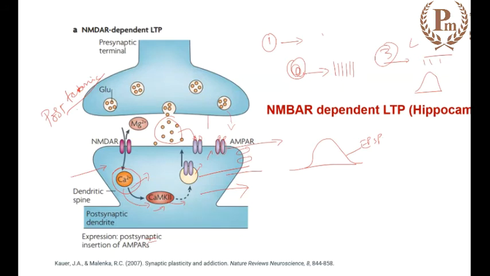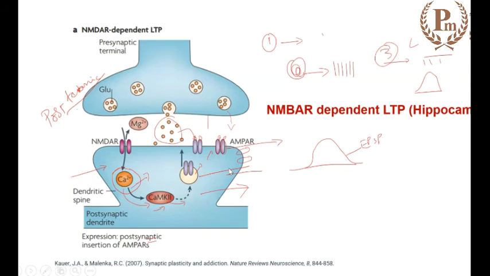We don't take such a big name. We just call them AMPAR, meaning AMPA receptors. NMDAR means NMDA receptors, N-methyl D-aspartate receptors.